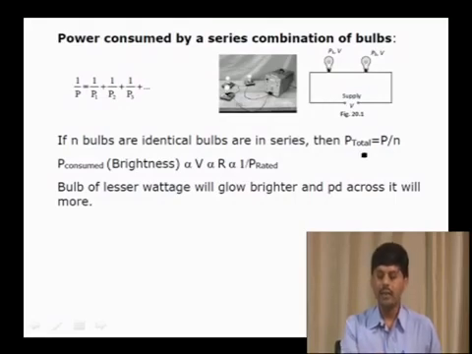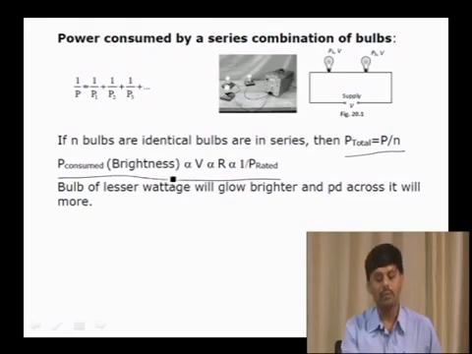If the powers are identical, say 40 watt and 40 watt, then the total power is P divided by N. For a series combination, the power consumed, which decides which bulb glows brighter, is directly proportional to the voltage, directly proportional to the resistance, and inversely proportional to the P rated, whatever rating is written on the bulb.